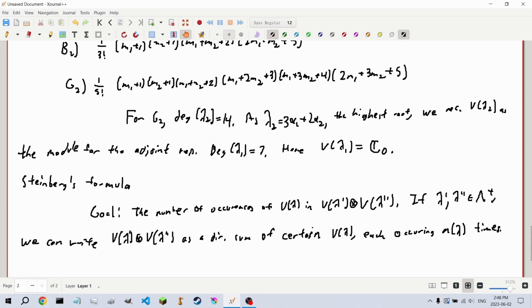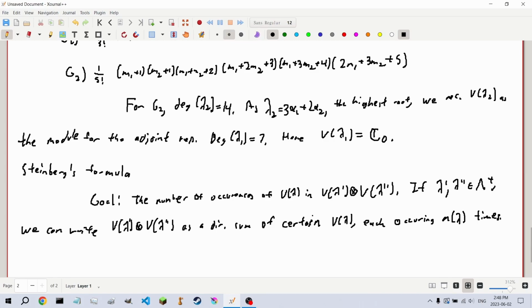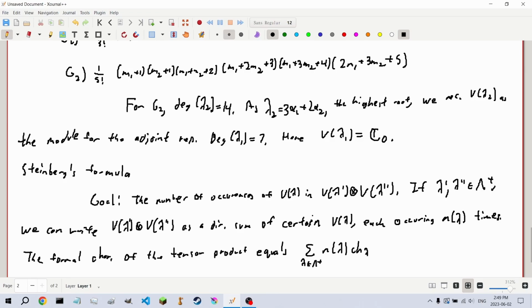In particular, the formal character of the tensor product equals the sum over lambda in lambda plus of n lambda times the formal character of lambda.